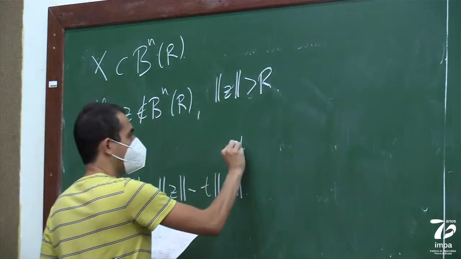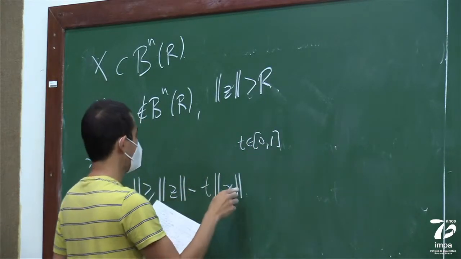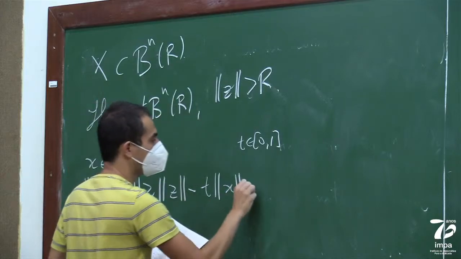But if t is between 0 and 1, then because x is contained in this ball, this is greater than 0.